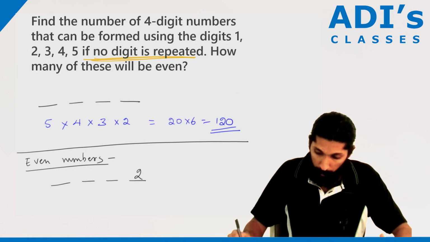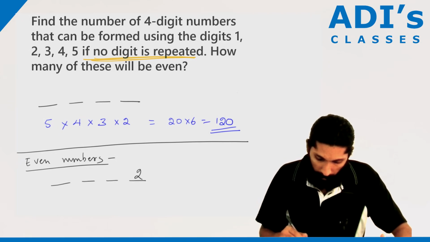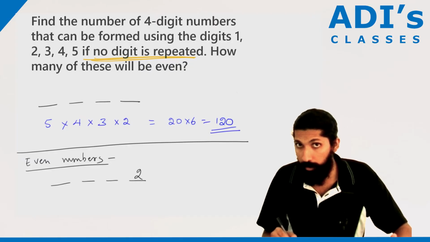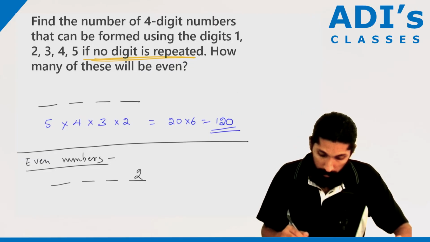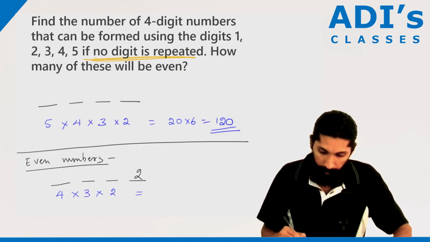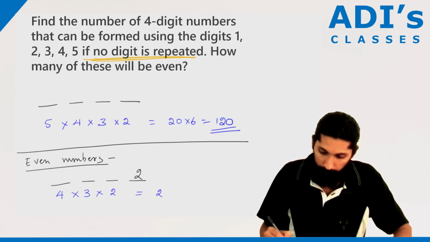Okay, now if 2 is present here, then I'll have, see, of the 5, one digit is already gone. Correct? So I'll have 4 places. 4, then 3, then 2. So 4 into 3 into 2, which is going to give you 24.